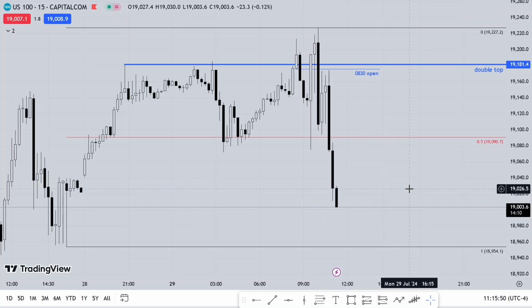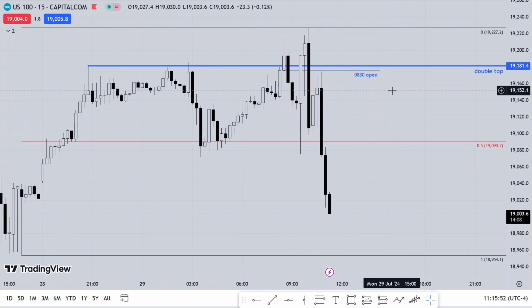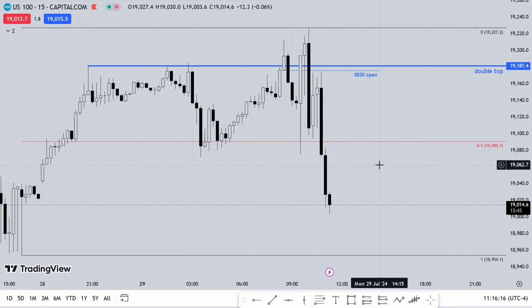So when it does this, you again, when you are bearish, you are looking for sales at a premium price to sell into a discounted price. And when you are bullish, you are looking for lower prices from a discount price to buy into a premium price. So let's continue.